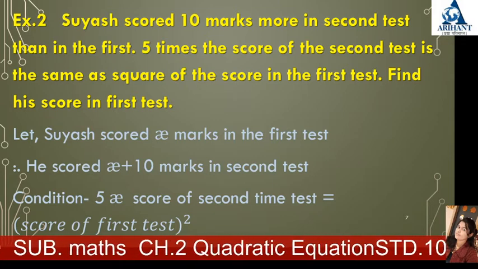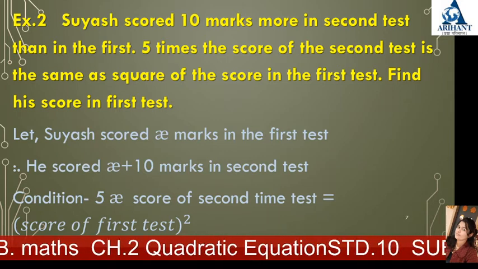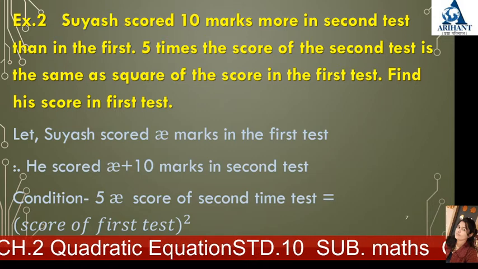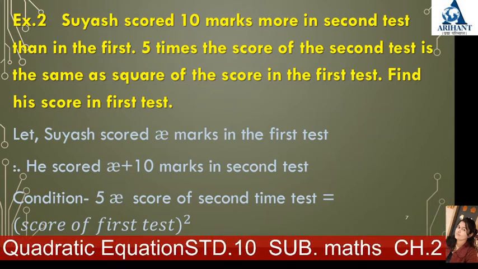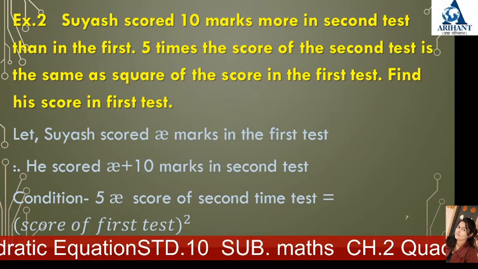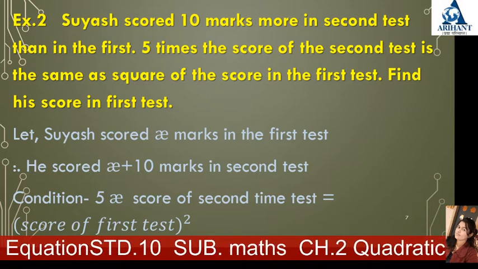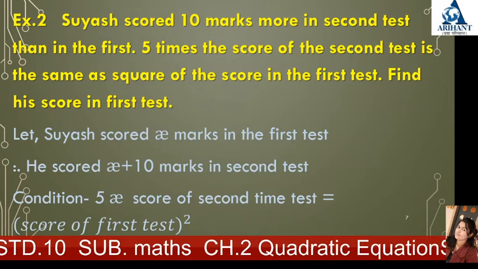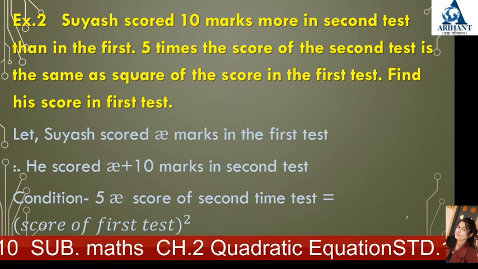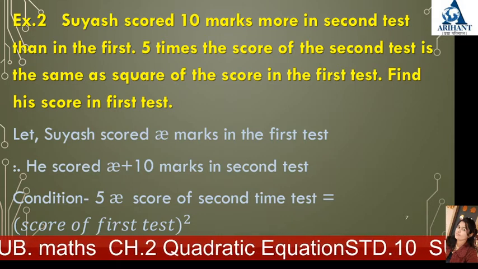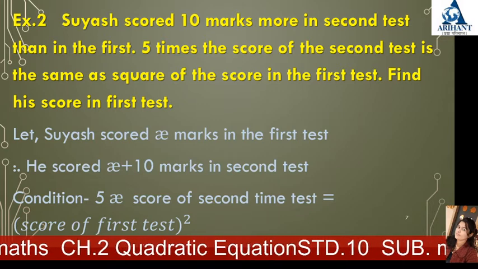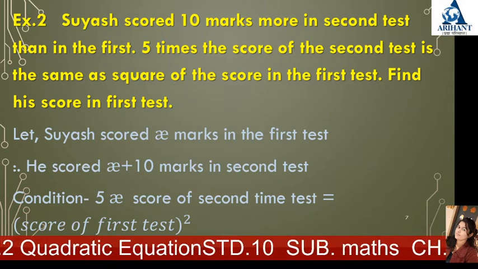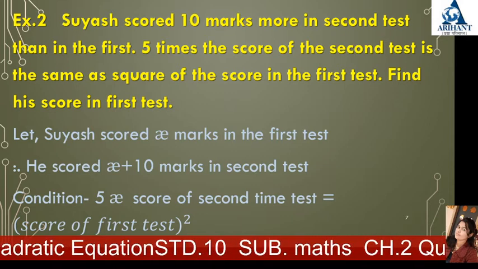Now the condition is given: 5 times the score of the second test is the same as the square of the score in the first test. Please read the condition carefully.